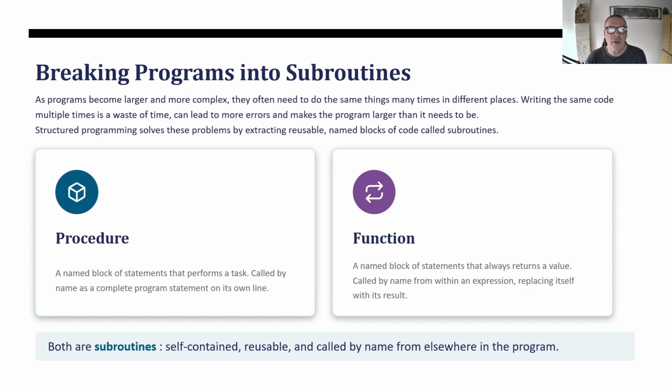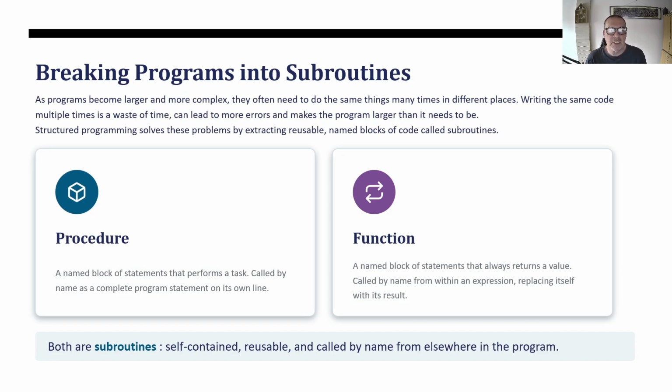Structured programming solves these problems by extracting reusable named blocks of code and putting them in subroutines. So if you have the same thing done multiple times, you take that code out, put it into a subroutine, and then whenever you need to use it, you just call it by name. We have two types, procedures and functions.